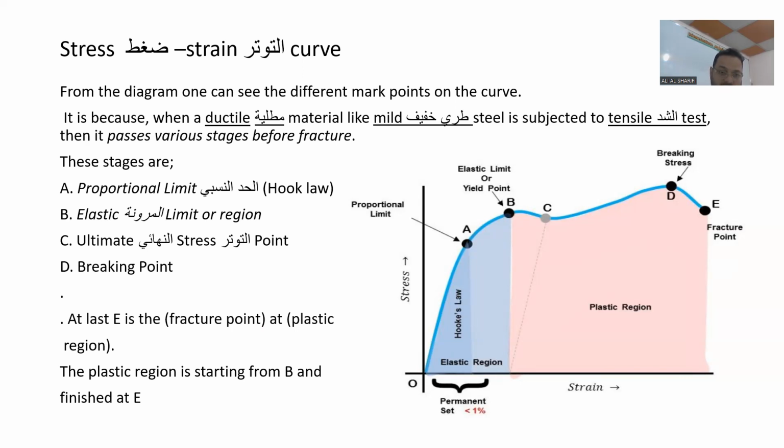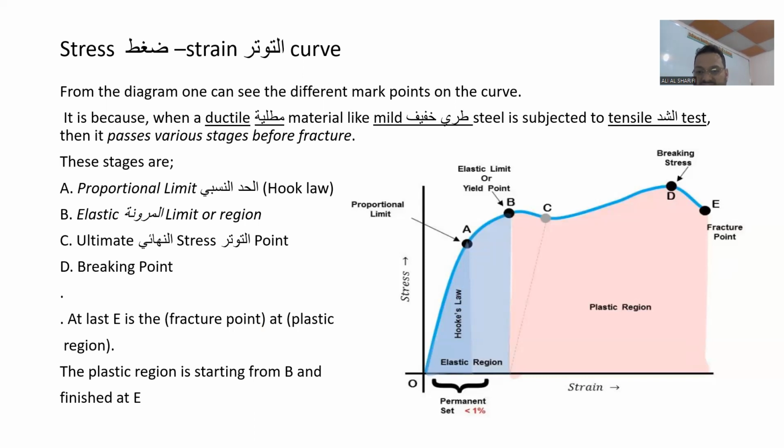original length. Okay? Ultimate stress. Here we can take a look at the stress. Here the stress decreases a little bit, but here at C is the start of the plastic region. That means we have only a small opportunity for this material to come back to its original shape.